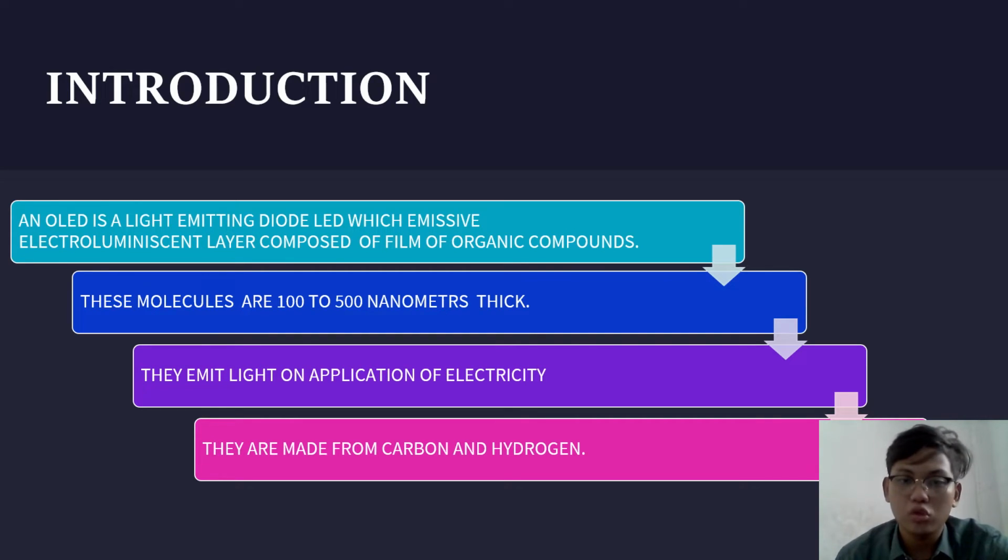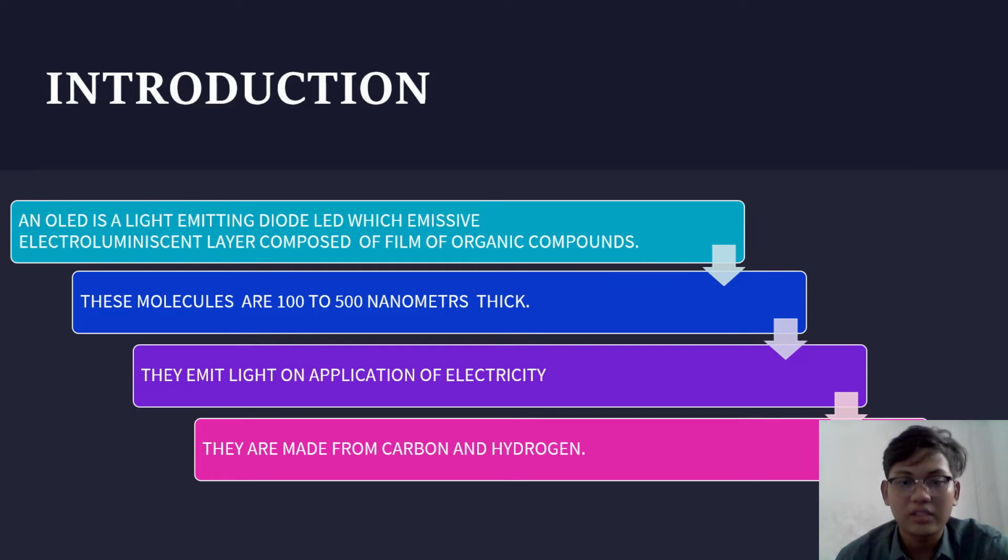OLEDs are used to create digital displays in devices such as television screens, computers, portable systems such as mobile phones, handheld game consoles, and PDAs. A major area of research is the development of white OLED devices for use in solid-state lighting applications.